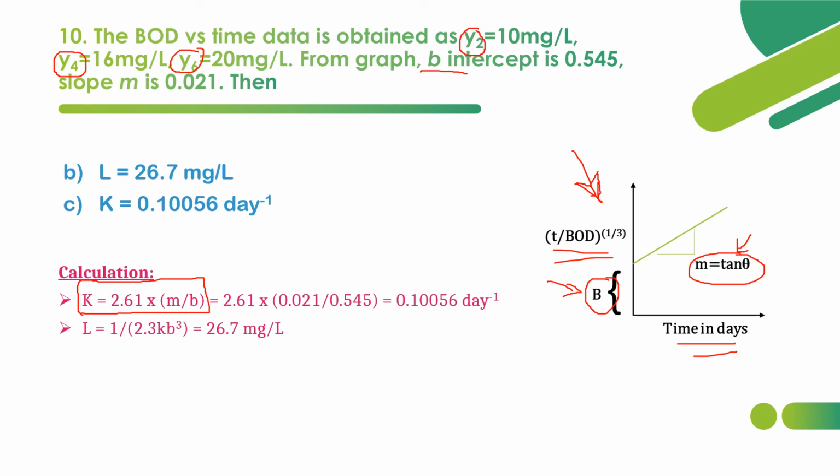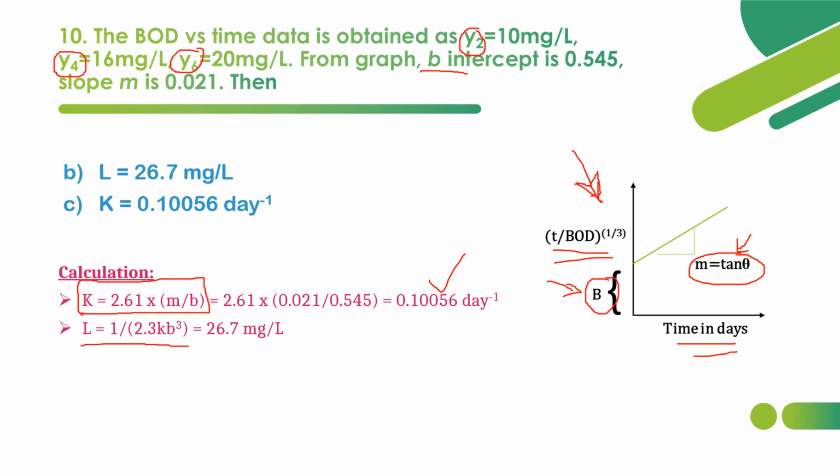Actually, we have to find these two values by using the three BOD values that they have given, y2, y4, y6. But in this question, they have given both the values for B and M respectively. By substituting these two values in this formula, we can get the answer for K, that is the deoxygenation coefficient value.